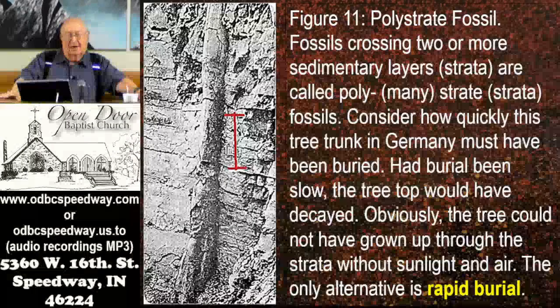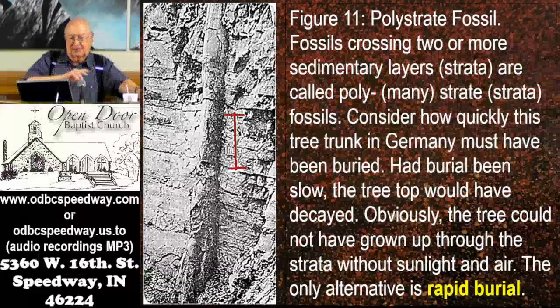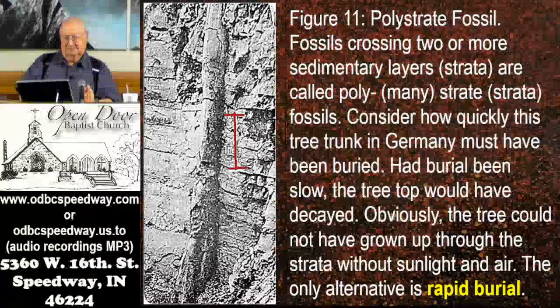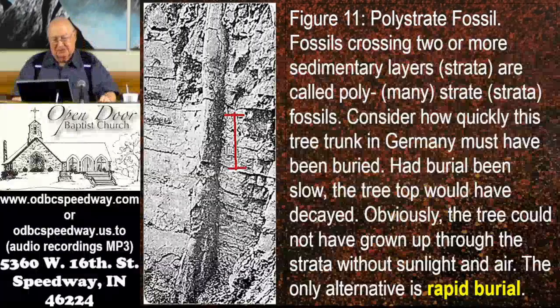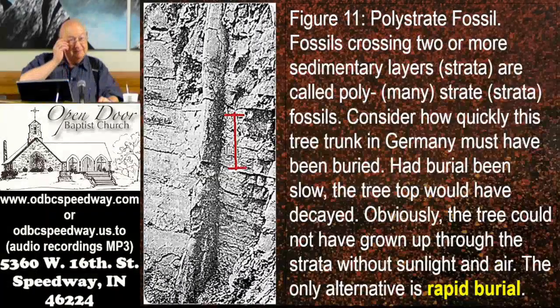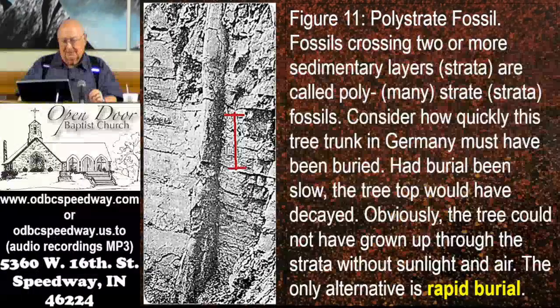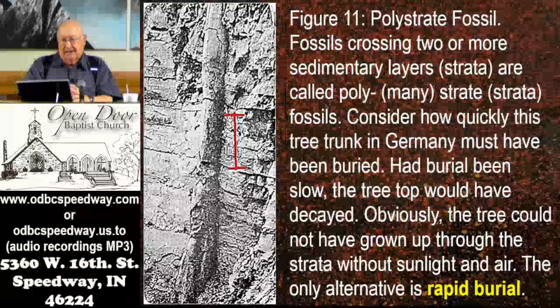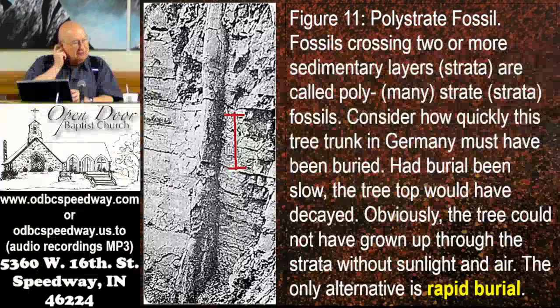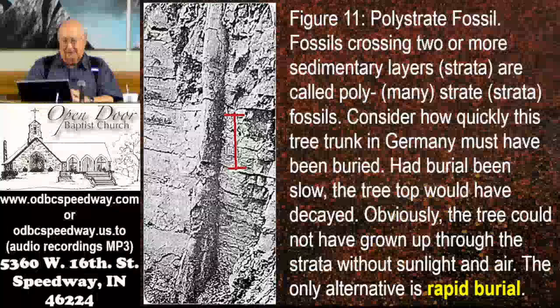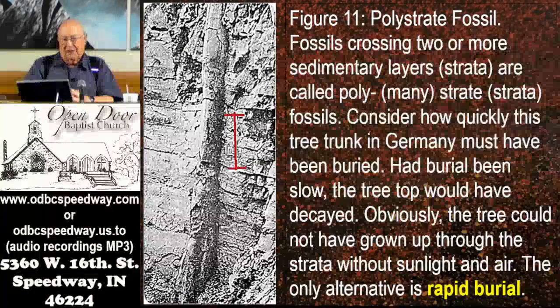What you're seeing are the layers with a tree going down through the whole thing. Can you see the red mark on there? It was white, and I changed it to red to bring it out. But this was figure 11 in the book, and this is polystrate fossil. So fossils crossing two or more sedimentary layers, which are the strata, are called poly, meaning many, strate, meaning strata.